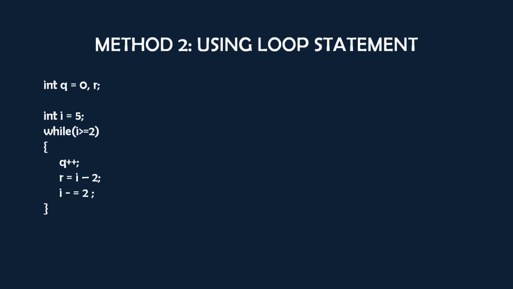We have here a piece of code with which we can get the quotient and its remainder. Here we declare variables q, r, and i, and we initialize q to 0 and i to 5. While the value of i is greater than 2, we proceed in this statement.